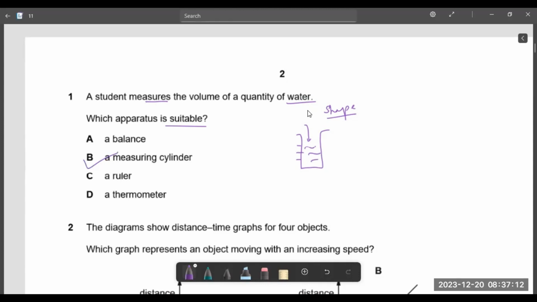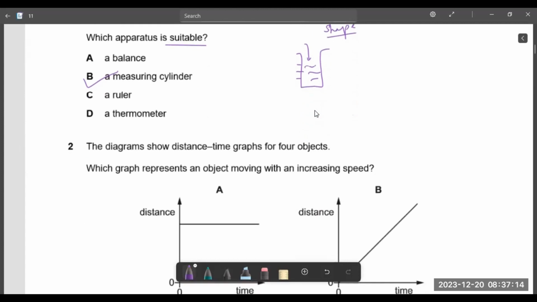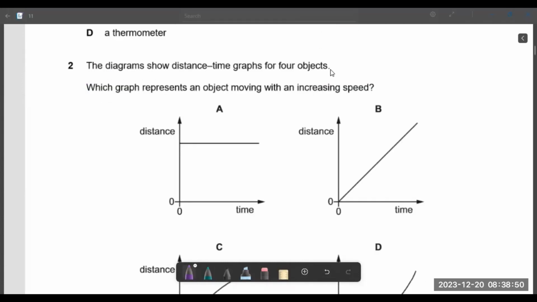Next, the diagram shows distance-time graphs for four objects. Which graph represents the object moving with increasing speed? For graph A, we can see a straight horizontal line.